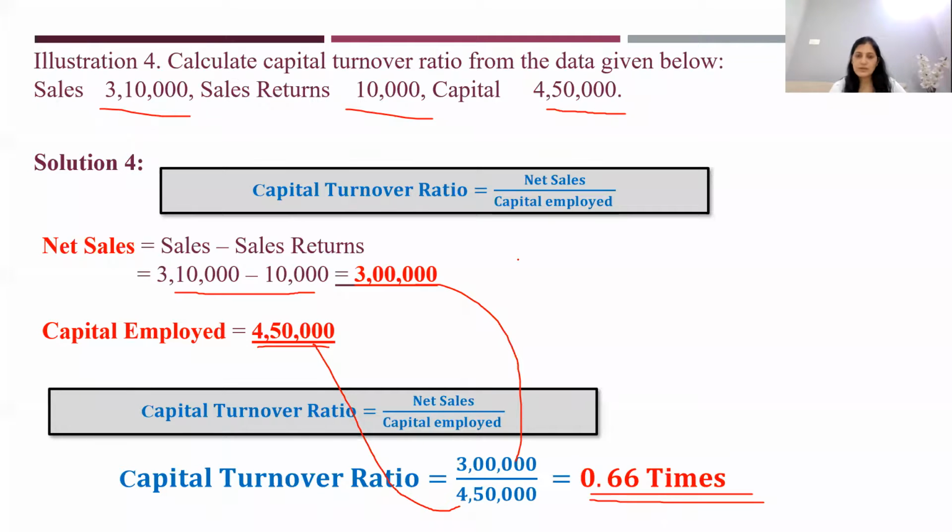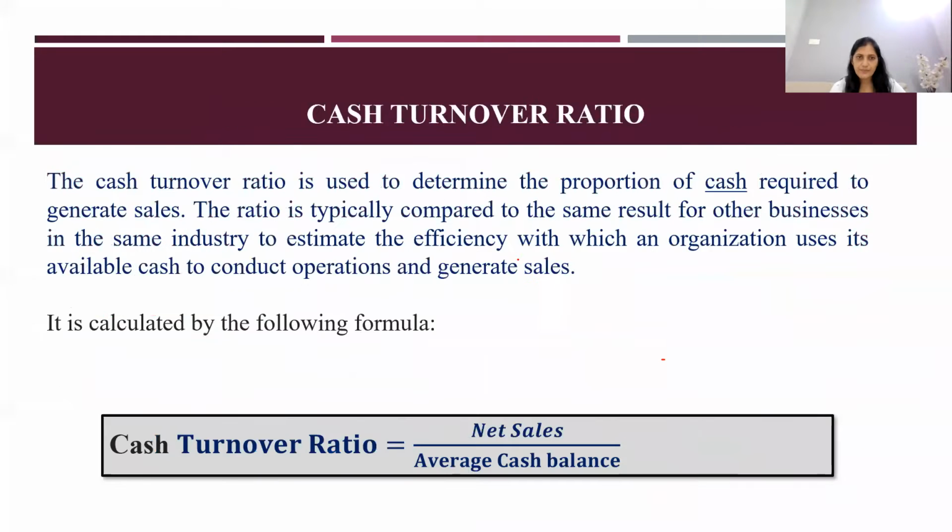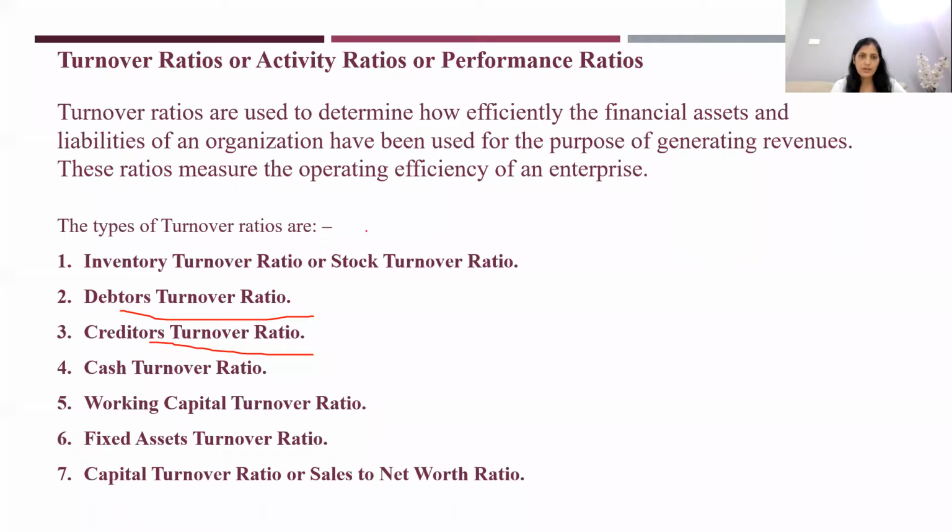So this is all what you have about the turnover ratios. Inventory turnover ratio, this we have studied. Debtors turnover ratio, it's very important. Along with the debtors turnover ratio, you will go for average collection period. A creditors turnover ratio, along with this you have average payment period.